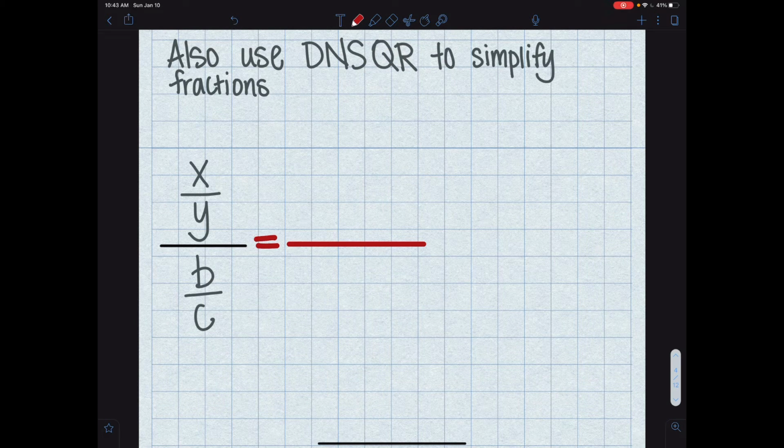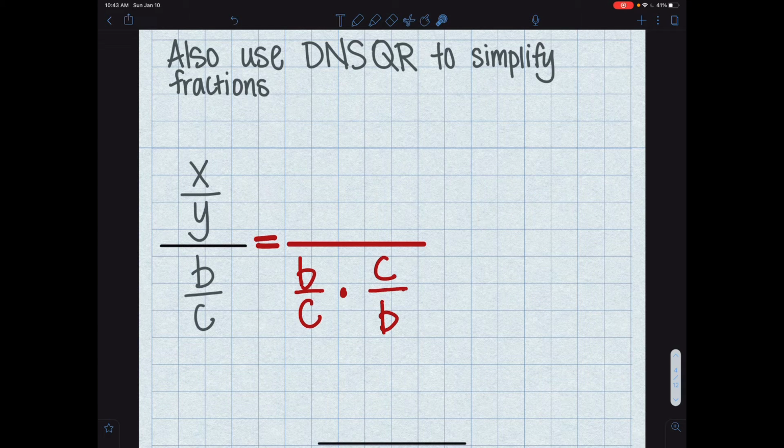So on the bottom, in order to eliminate this denominator in this complex fraction, we're going to multiply it by its inverse, so that the denominator, when you multiply it straight across, is just going to be 1. Because everything cancels out, you just end up with a 1 on the bottom.